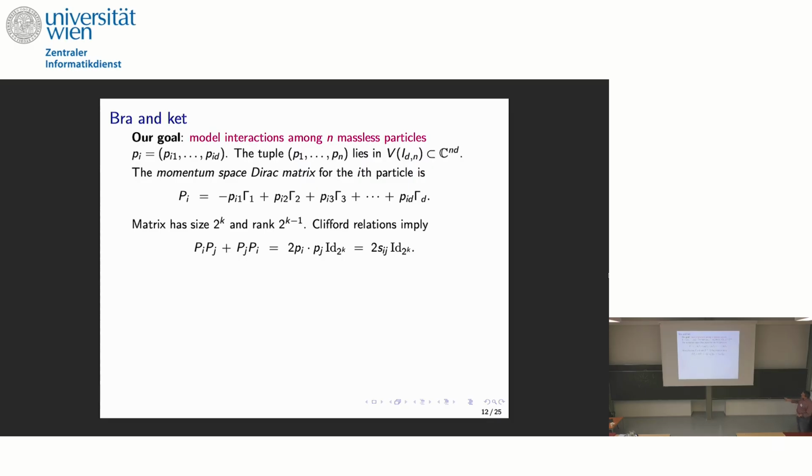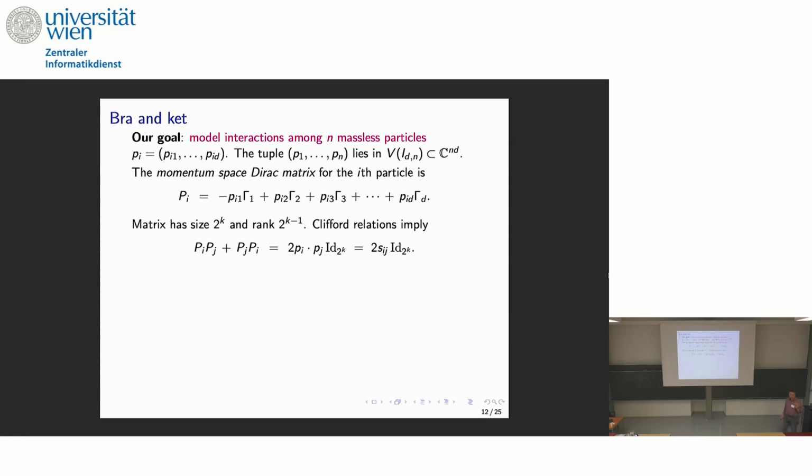Now, each of these particles has its own big matrix, its own momentum space Dirac matrix P_i, and that's a 2^k by 2^k matrix, and since we're massless, it has rank 2^(k-1). And now the Clifford relations, the defining relation. The Clifford algebra says that the skew commutator of the matrix for the ith particle, P_i, and the matrix for the jth particle, P_j, is again the identity matrix, but times the value of the bilinear form, the scalar.